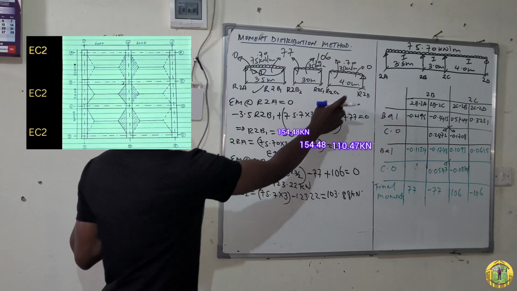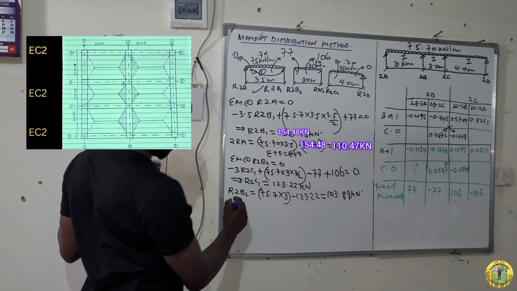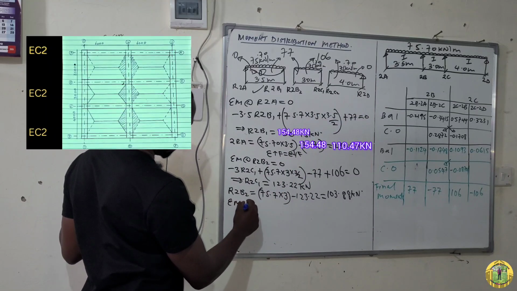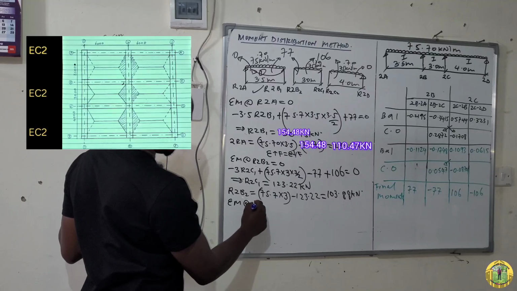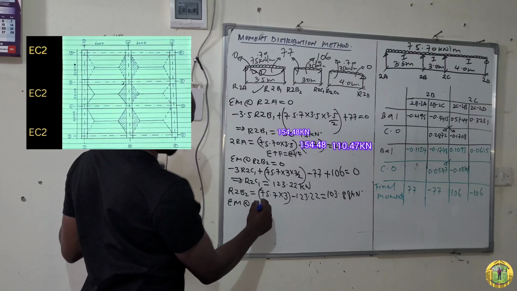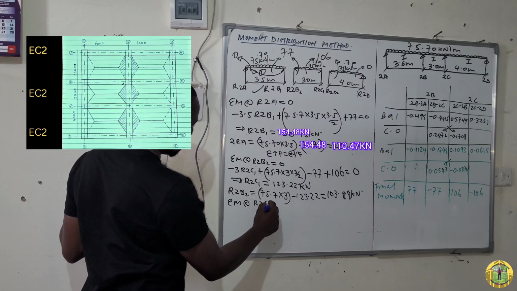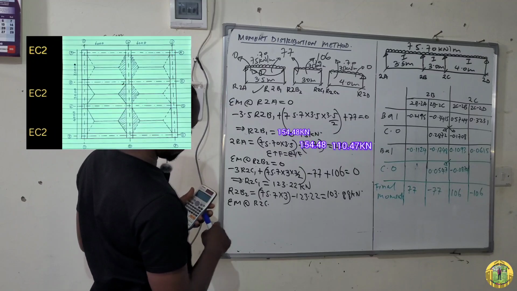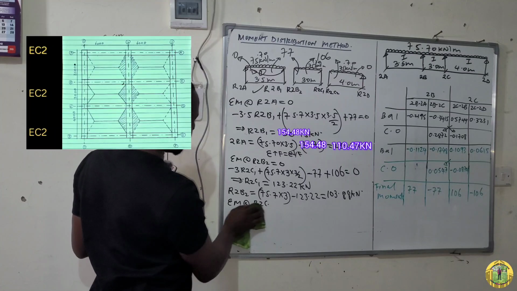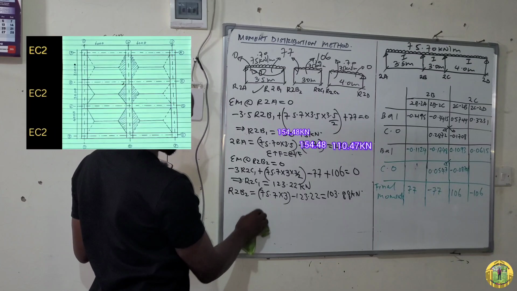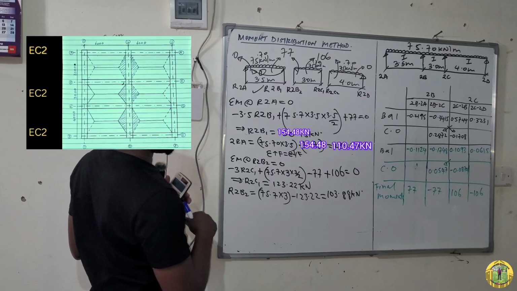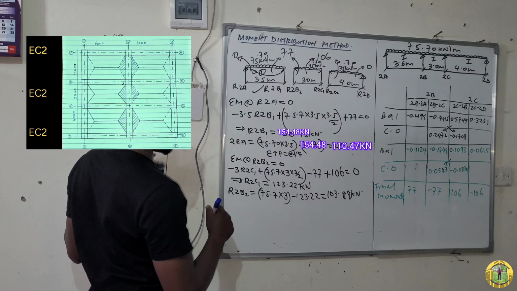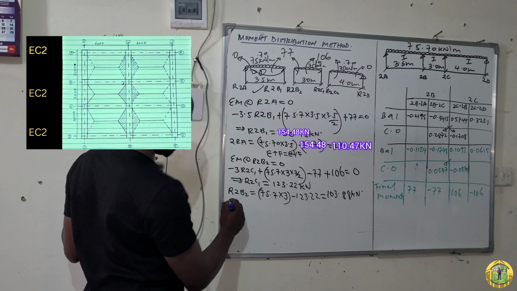We proceed to the last span, summation of moment at R2C. No, we have not calculated the reaction for, yes, we are okay. Summation of moment.